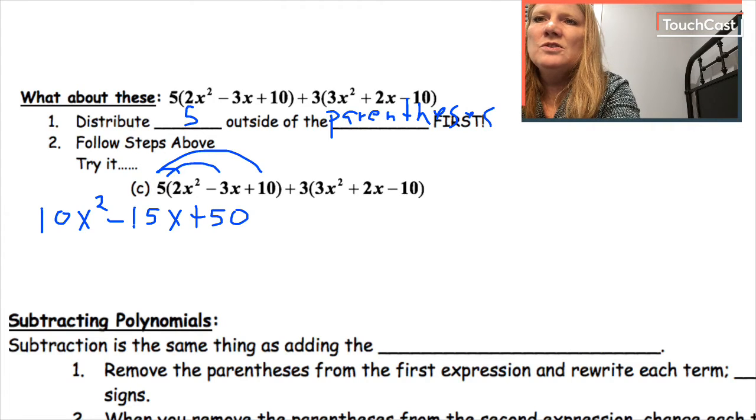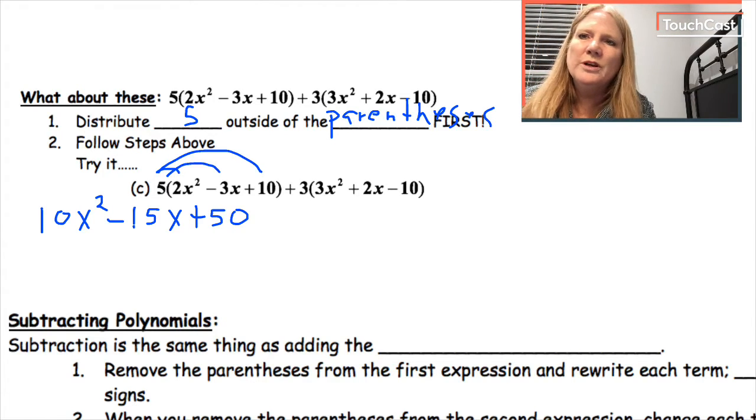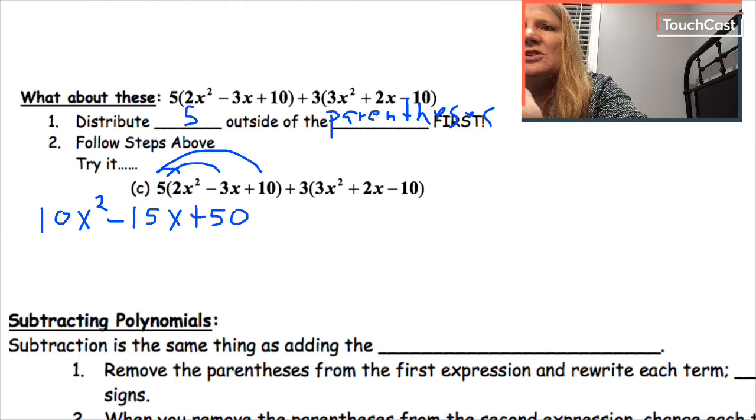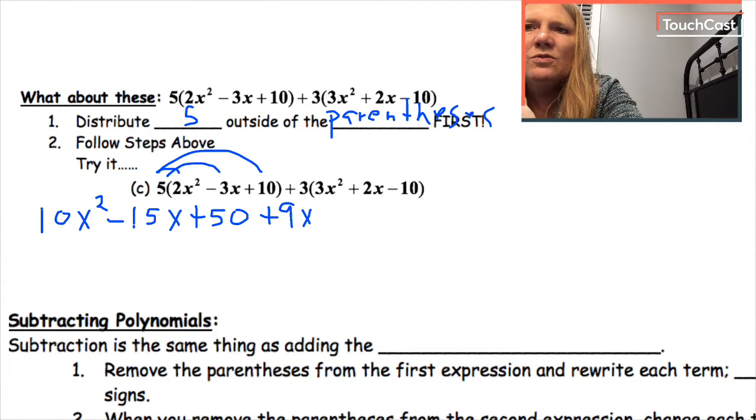Now here we also have a plus sign, so we don't have to worry about signs here. So we're just going to multiply a positive 3 times a 3x squared, and that's going to be 9x squared. 3 times 2x is 6x, and then 3 times a negative 10 is a negative 30. And then we just look for our like terms.